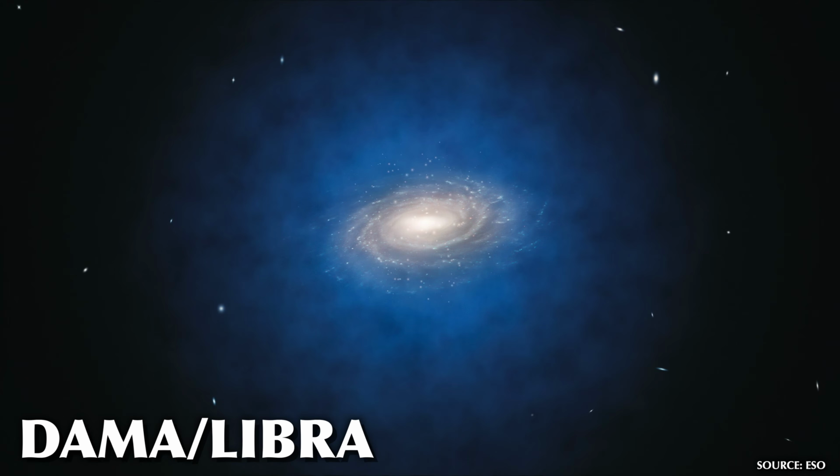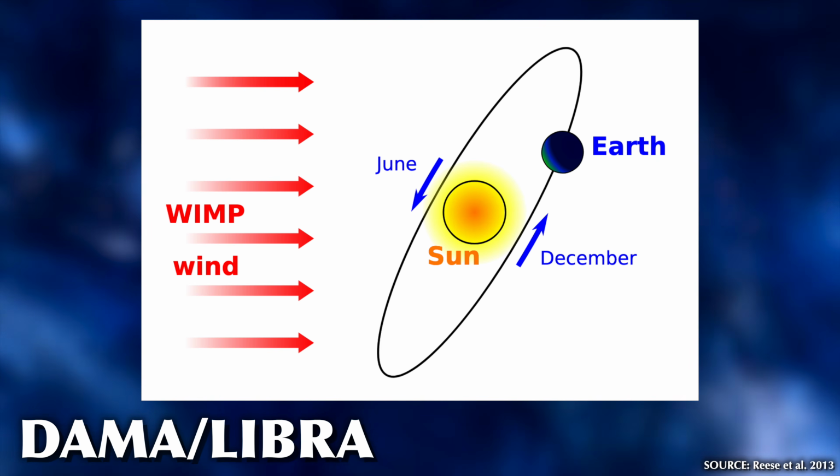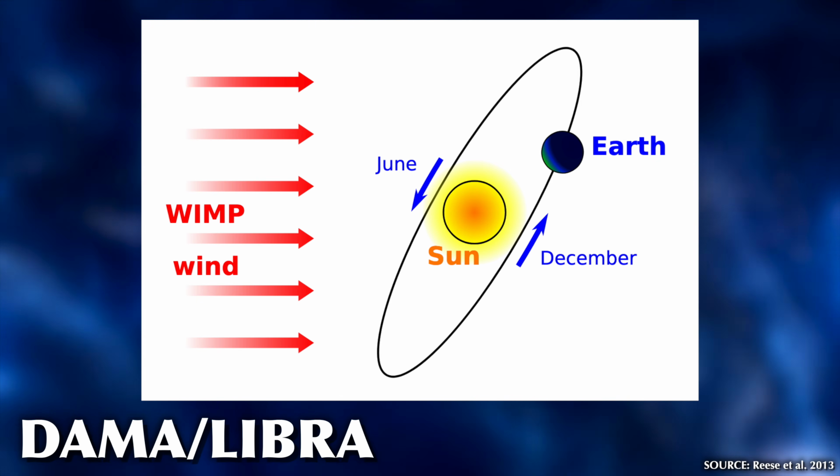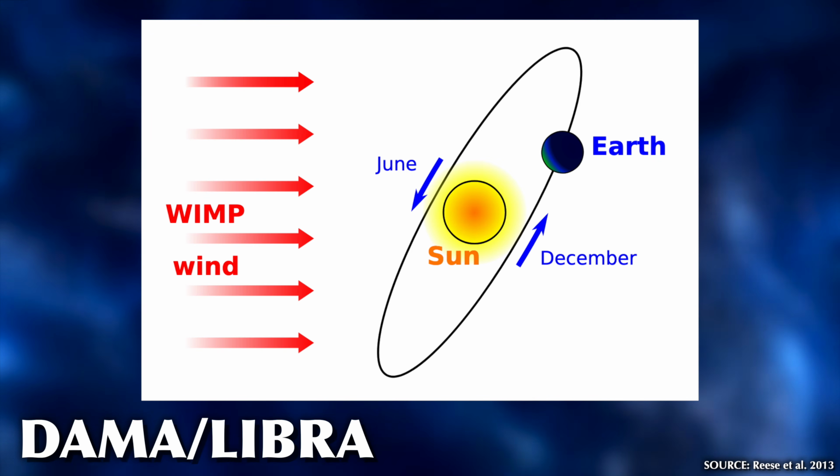Another interesting approach was taken by the DAMA/LIBRA experiment. According to models, dark matter on average rests with respect to the galaxies, so the Sun would be constantly moving through it, and Earth on its orbit around the Sun would be moving through dark matter at different speeds throughout the year. Hence, the approach of DAMA/LIBRA was to measure the same weak signals as any other experiment does, but also to track how these signals fluctuate over the years.